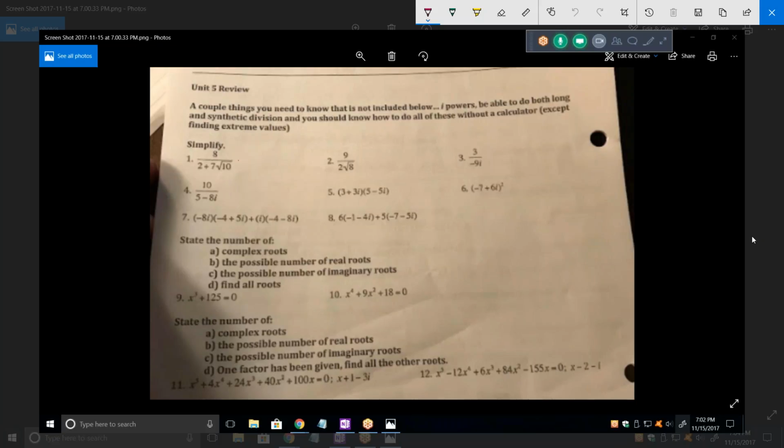Would you multiply the top and bottom by 2 minus 7 root 10? Yeah, the conjugate. That's called the conjugate. Whenever you multiply something by its conjugate, notice you're looking at the difference of squares factored. So putting them back together again is going to eliminate the root 10.